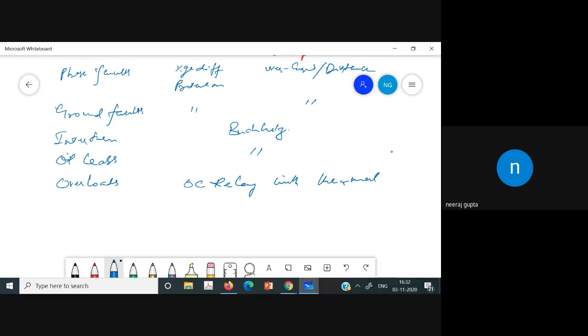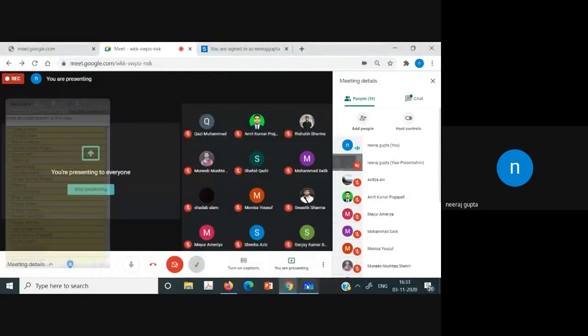And finally, we will have the overfluxing that we discussed. The overfluxing relay, the V by F relay, is implemented using a microprocessor. It is actually a microprocessor based relay.